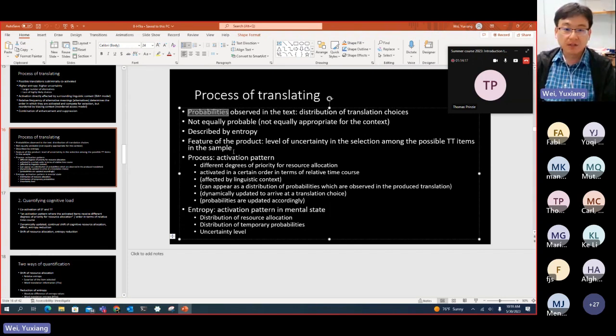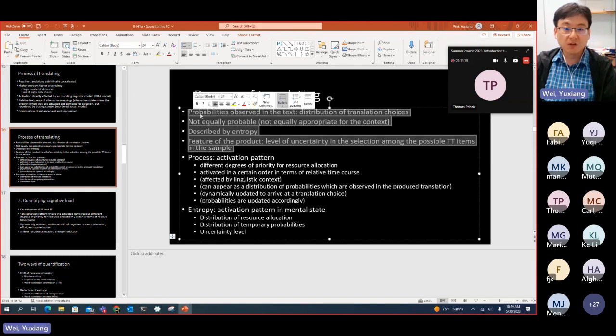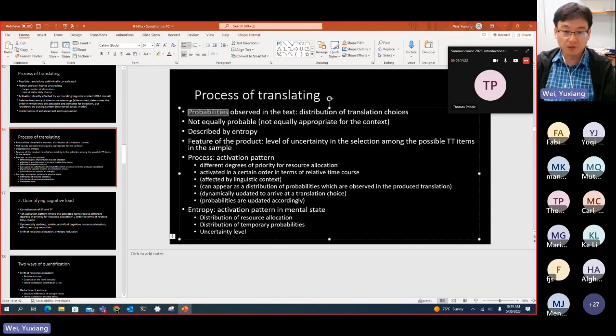Ideally, I think if we talk about the mind, we would ideally have all the possible options for this word and the distribution of probabilities either from a corpus or a well-balanced corpus, or if we somehow miraculously have access to someone's mental lexicon, we would want that probability distribution in the bilingual mental lexicon.